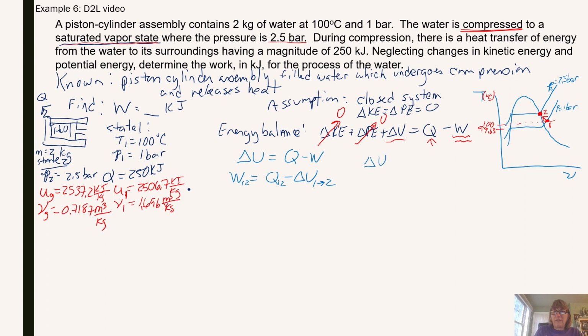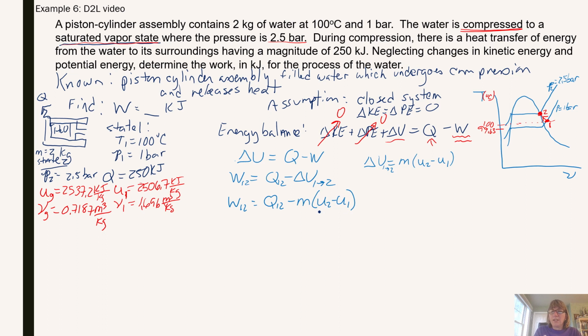We have specific internal energy, so we have to multiply it by mass. And this is from state 1 to state 2, so it's our final minus initial. So we're going to substitute that into our equation here: Q12 minus the mass times our final minus our initial state.